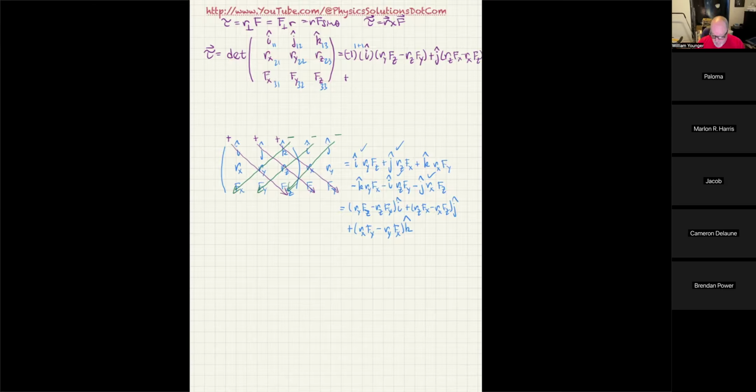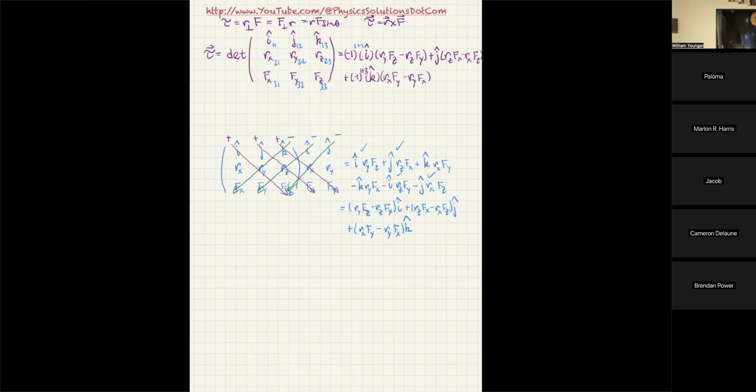That's the 4 power. So I don't have to do that, but I'll write it right here just the same. And then I'm saying times K hat. And now, since I've used K hat, that means this column and this row are out. So that leaves this 2 by 2 matrix. And I'm going to say that minus that, which is a normal determinant. So I'm now going to say RXFY minus RYFX, like that.